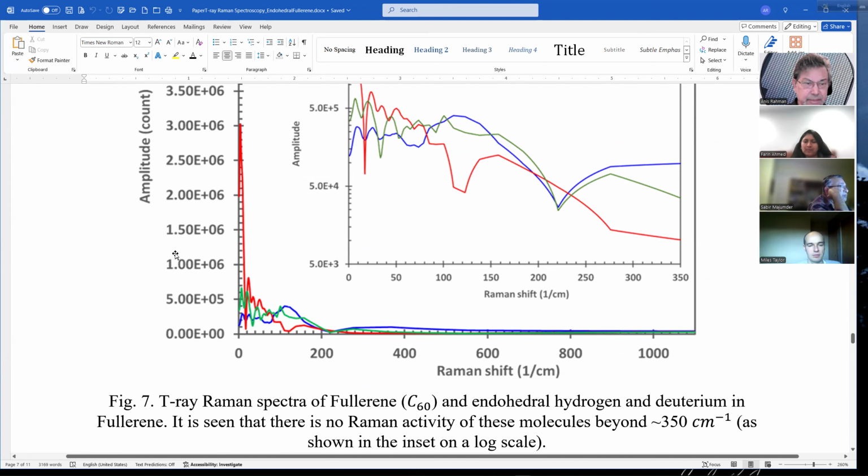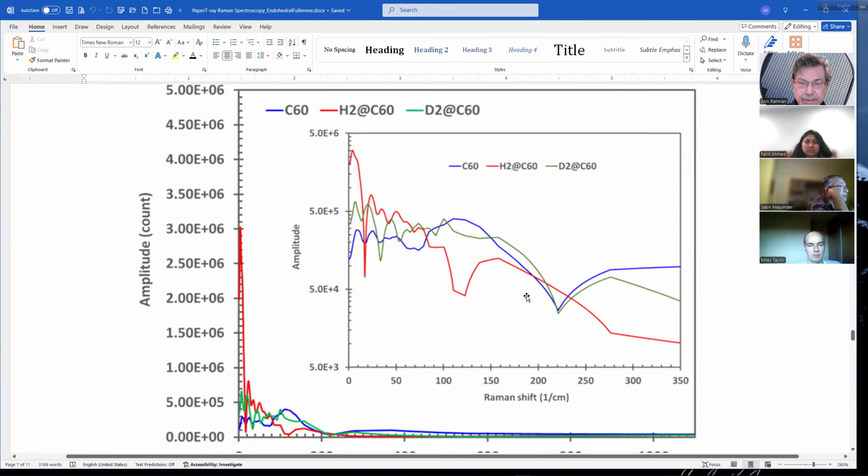Any Raman activity is confined within this region, and that's why we're showing a close-up of this graph up to 350 wave number. That shows the Raman activity of C60, H2@C60, and D2@C60 are quite different, and they show different peaks in the amplitude spectrum.